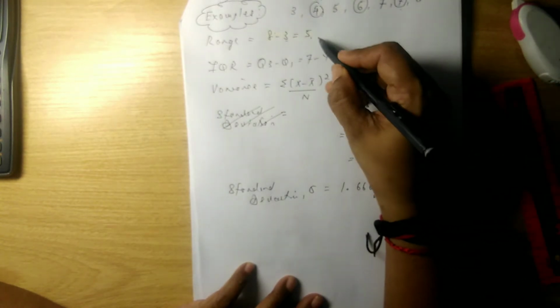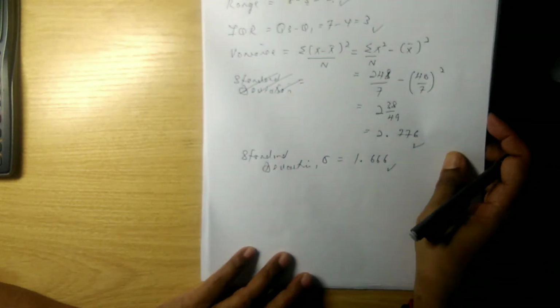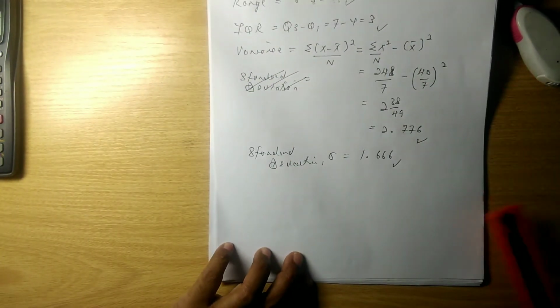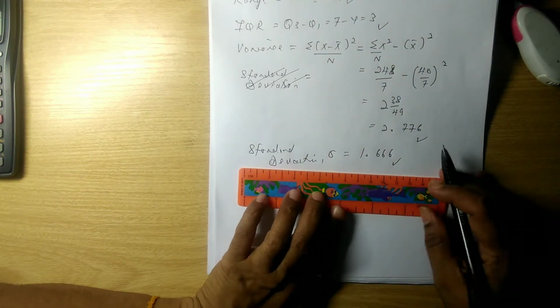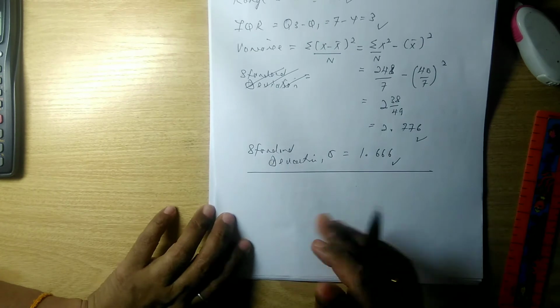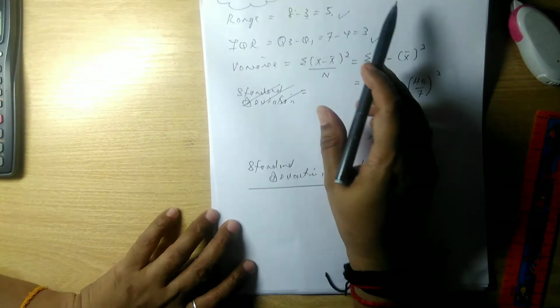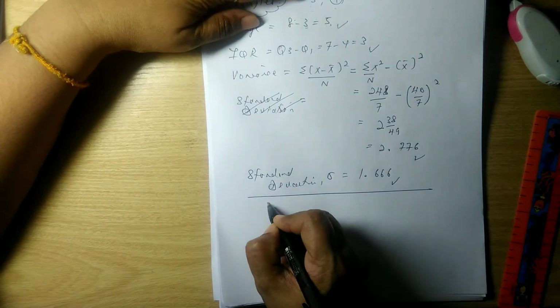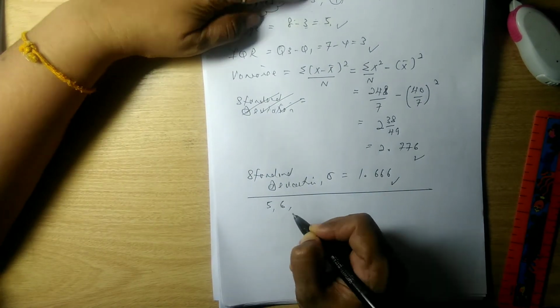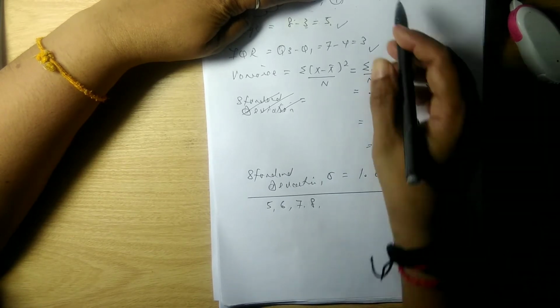Now what happens if we add 2 to all the values? Meaning now your data is 5, 6, 7, 8, 9, 9, and 10.